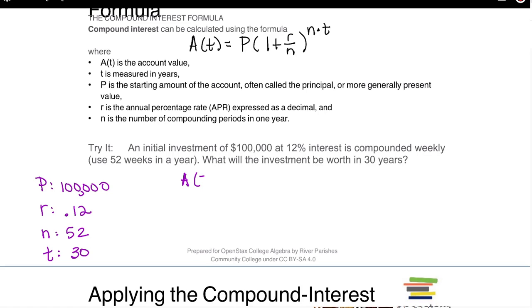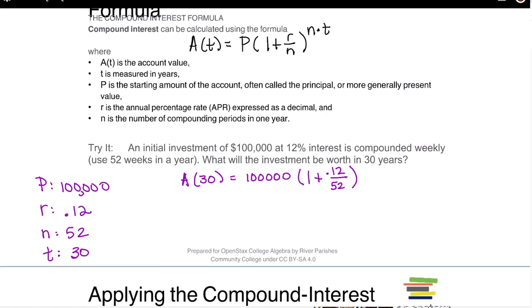So when t is 30 years, it will be 100,000 times 1 plus 0.12, which is the interest rate, over n, which is 52, because there are 52 weeks in a year, and if it's compounded weekly, that's 52 times.